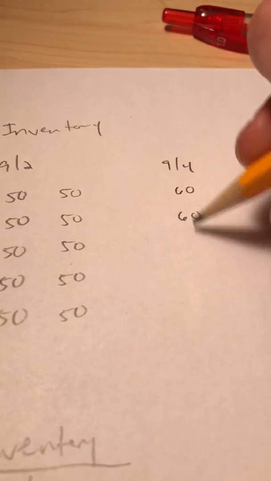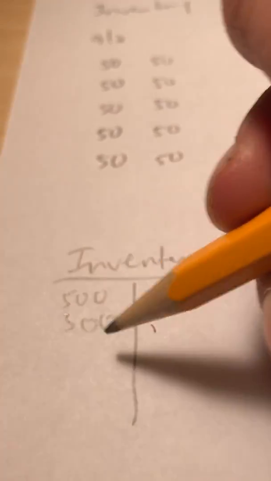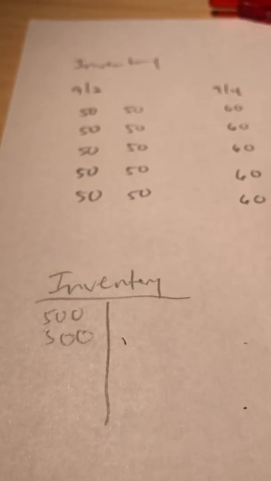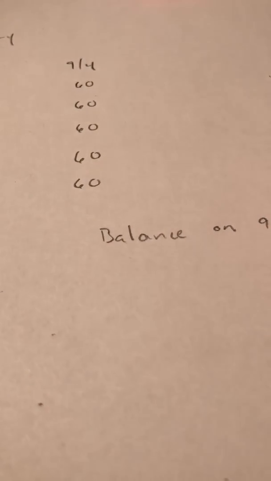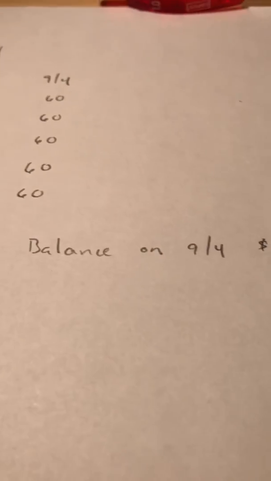We have 5 units at $60 each, and our inventory goes up $300. So right now our balance in inventory on 9/4 is $800.